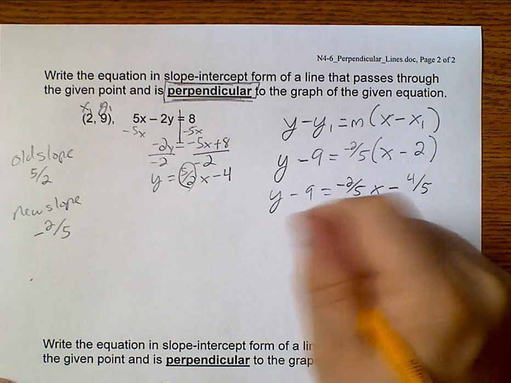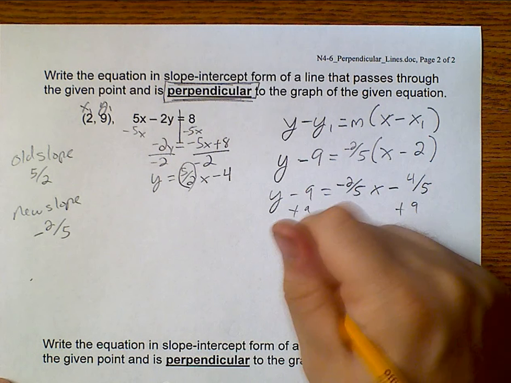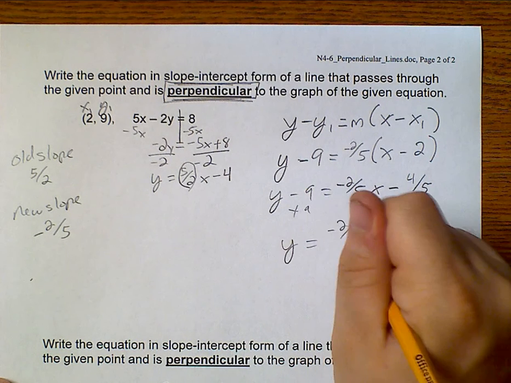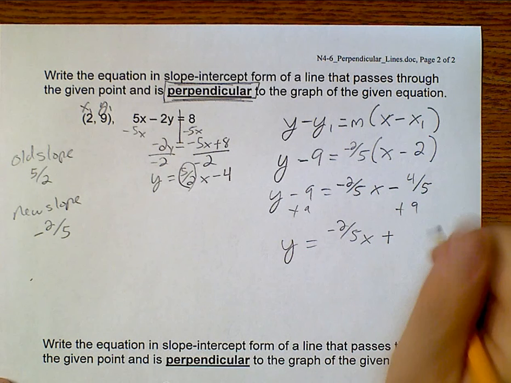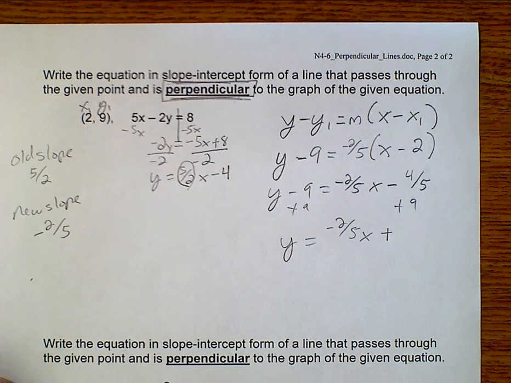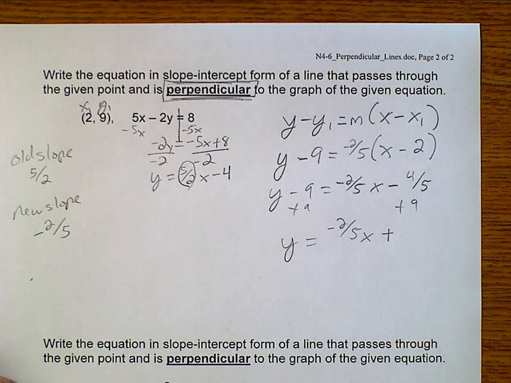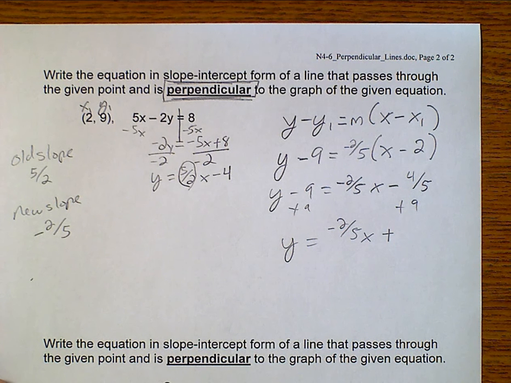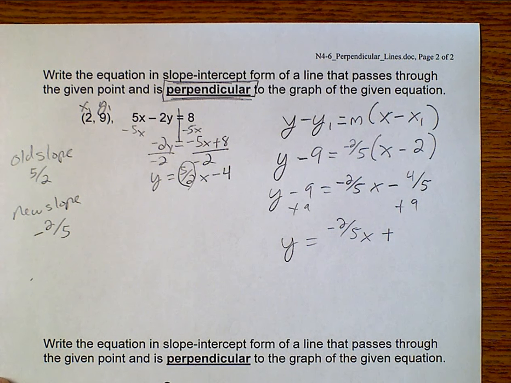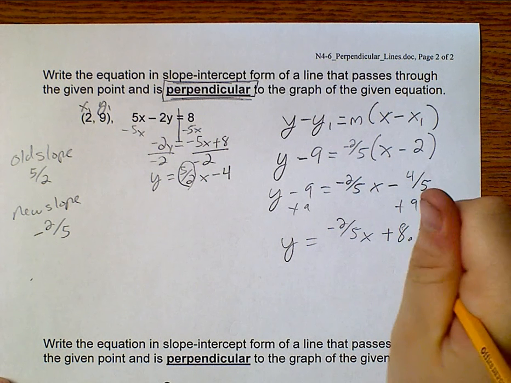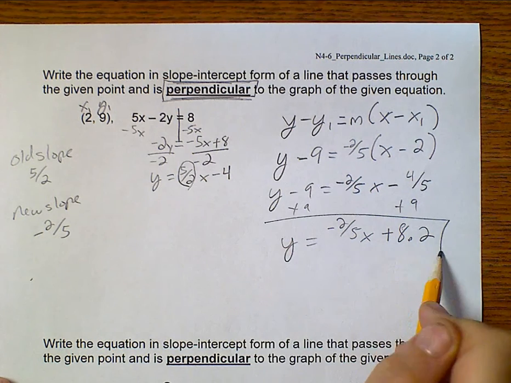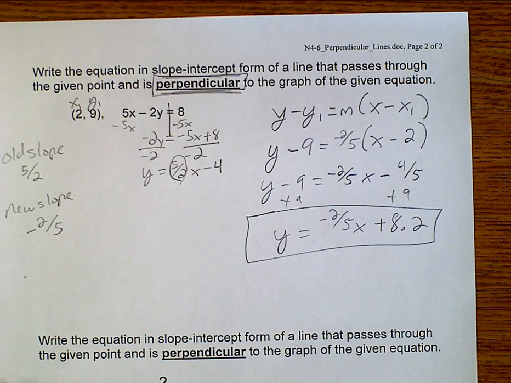I add 9 to both sides, and y equals a negative 2/5 x plus 9 minus 4/5 is 8.2. And slope-intercept form is what we've got it to, and so we are done.